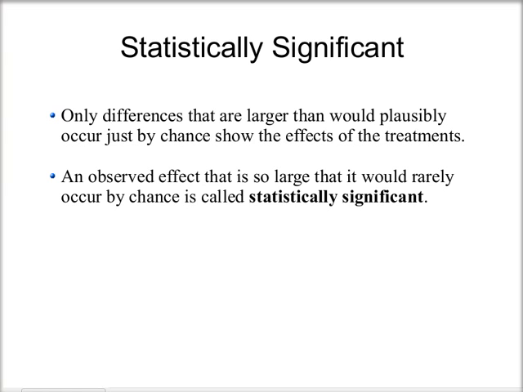There might be just chance that they were a little bit higher. But if there was a larger difference, say 12% in the test scores, then that might be statistically significant and show that the type of instruction had an effect on test scores.